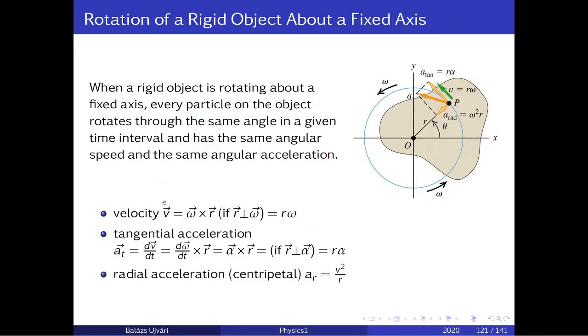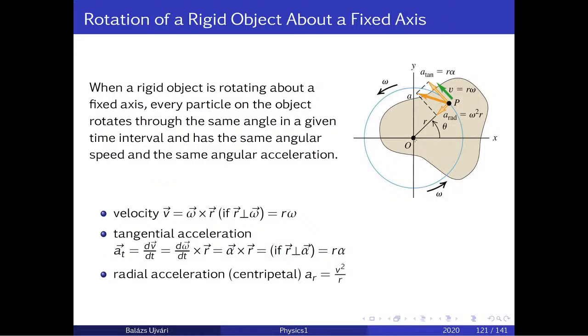The velocity of this body, so v, is nothing else but omega cross r. Fortunately, we will use only examples where r and omega are perpendicular. The r will point in a radial direction, and the omega, you remember, points towards you.